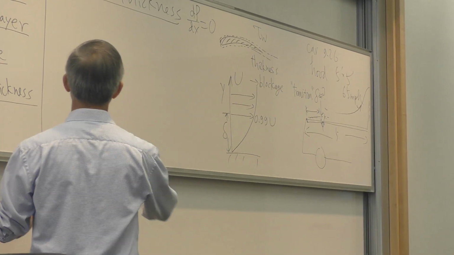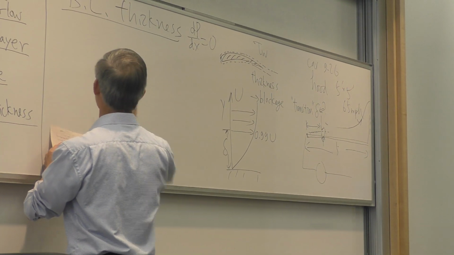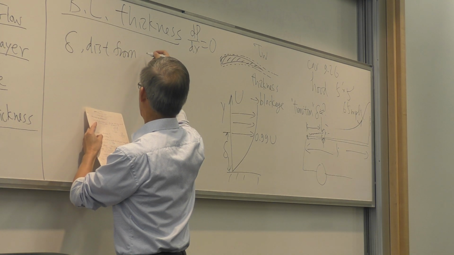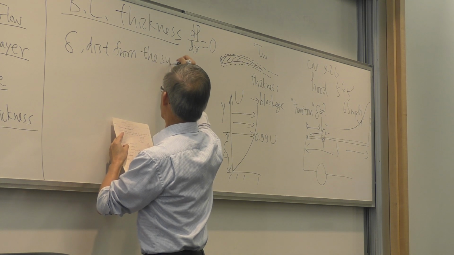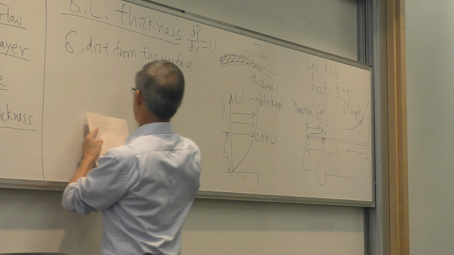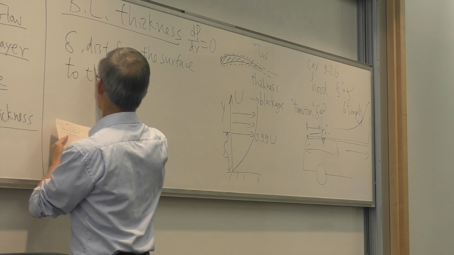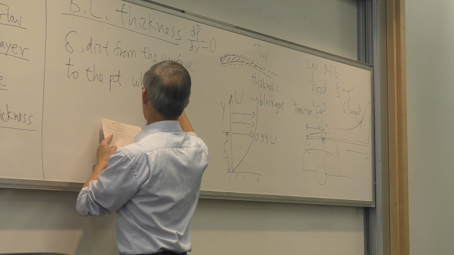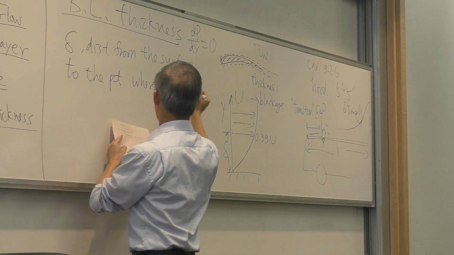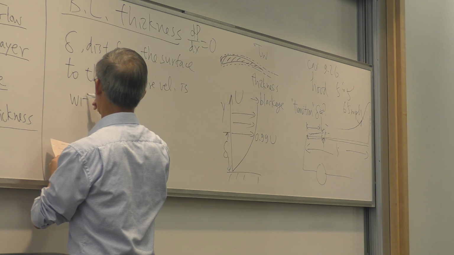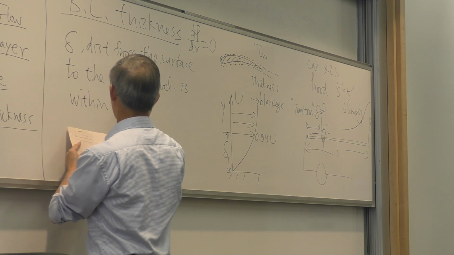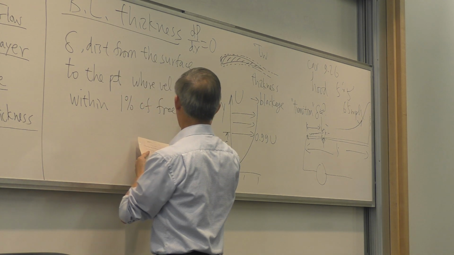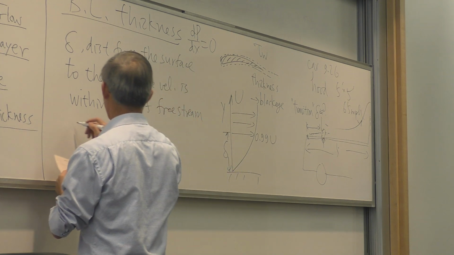That's our definition of delta. Distance from the surface where velocity is within 1%. And capital U is our free stream velocity.